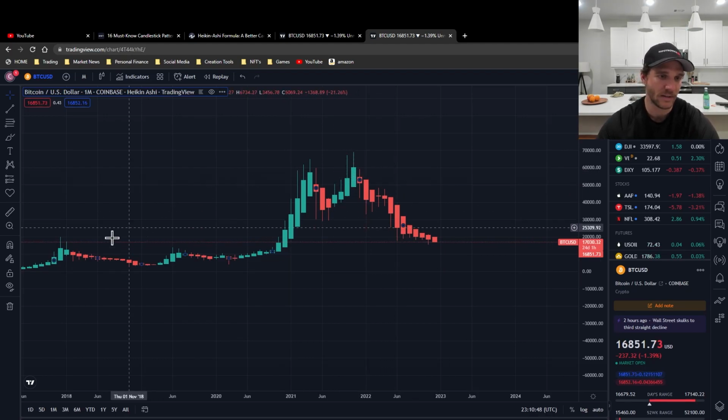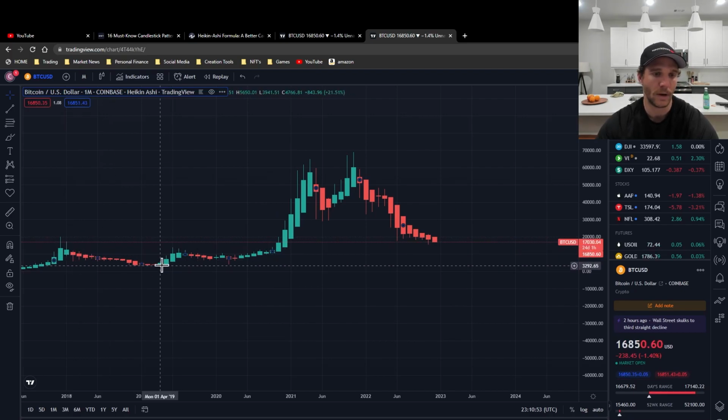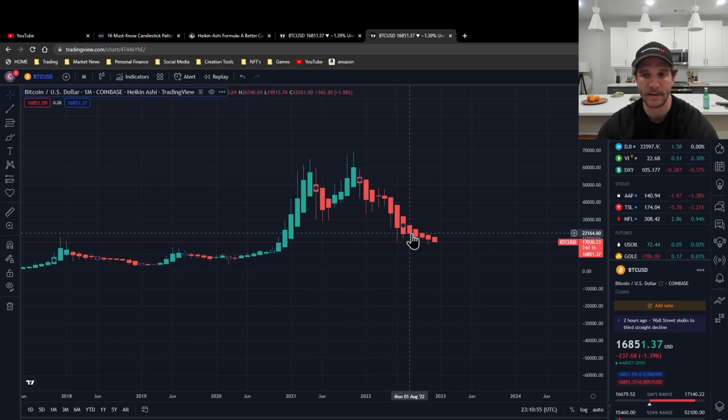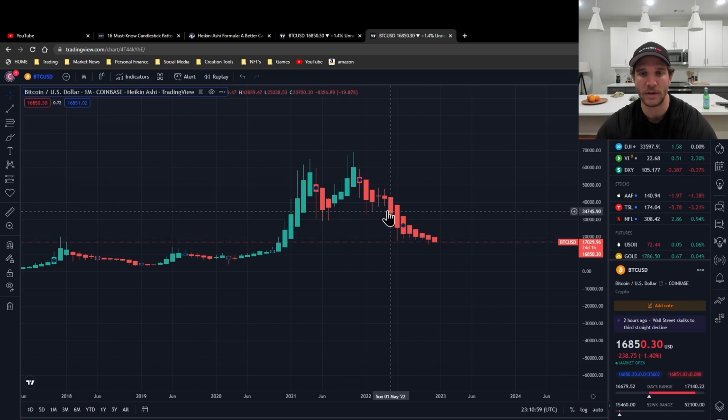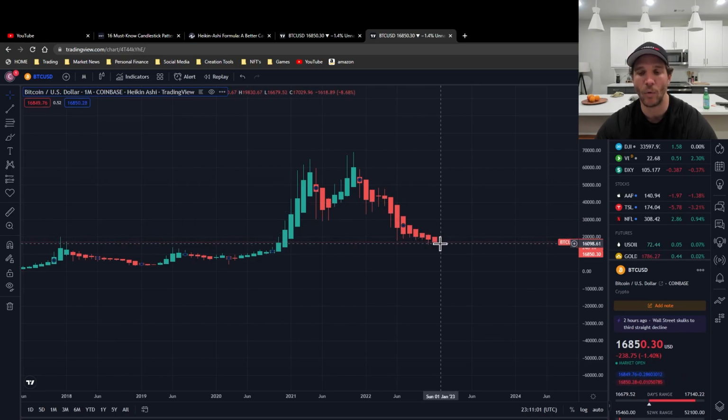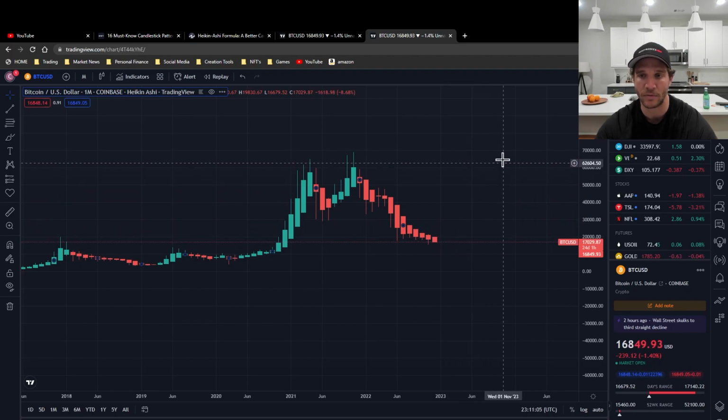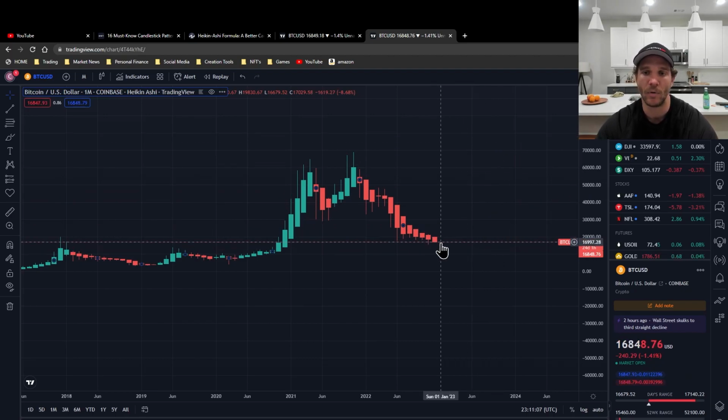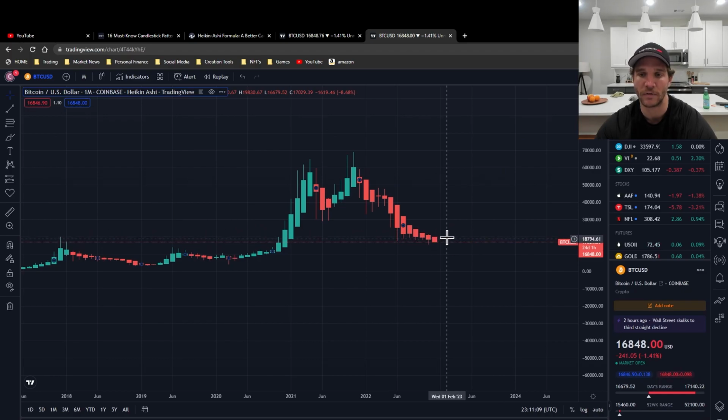Now, if we repeat the same type of pattern that we did from 2018 to about April of 2019, we're going to see about 14 red bars. So we're at 13 here. We might be in for one more in January, and I'm expecting this to have a reversal in trend. But we'll see. But I'm really looking for this first green bar to come here and see where we go from there.